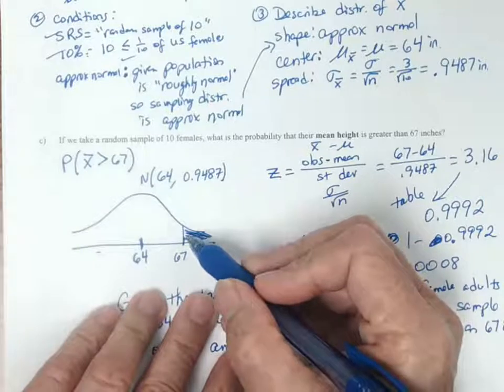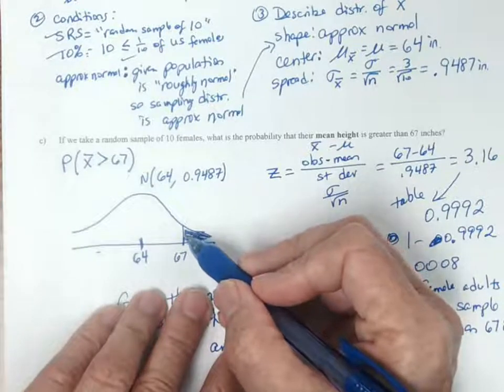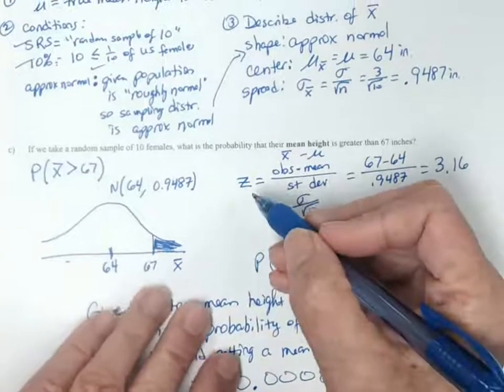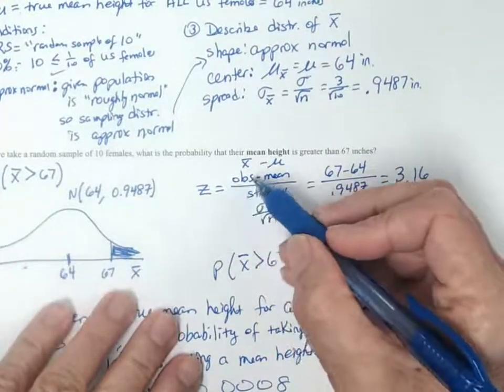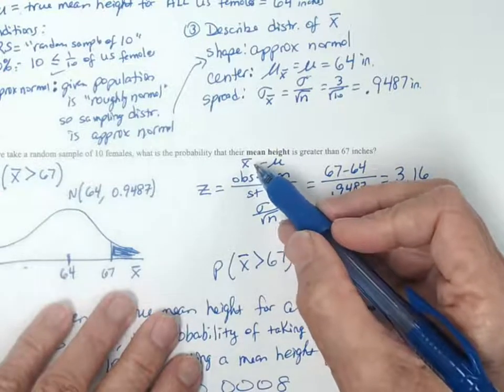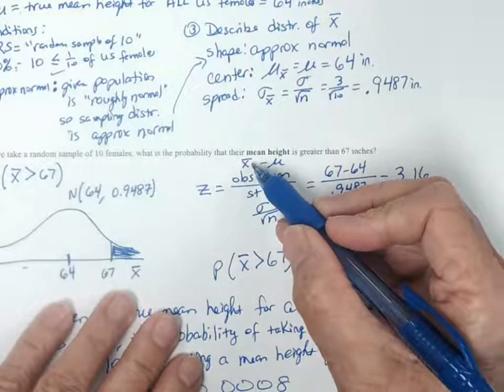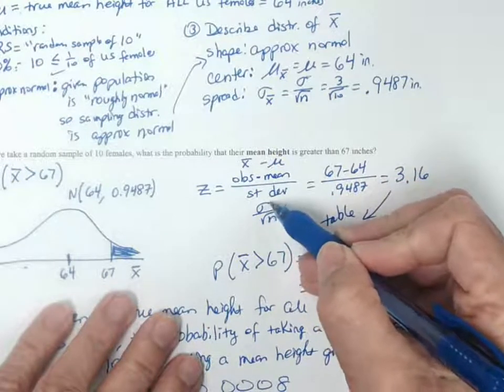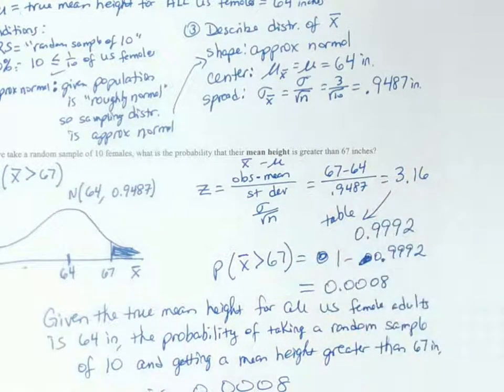Since I've shaded to the right, I know that whatever probability I find, I'm going to have to subtract from 1. So I want to show my definition of Z, which is observed minus the mean divided by standard deviation, or I can use the specific one for a sampling distribution of X bar: X bar minus mu divided by standard deviation divided by square root of n.